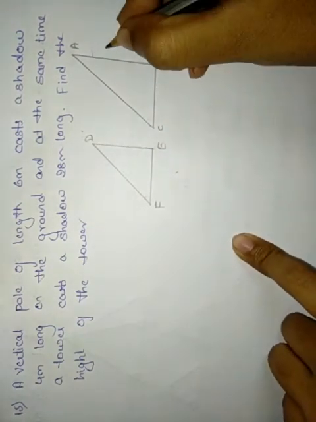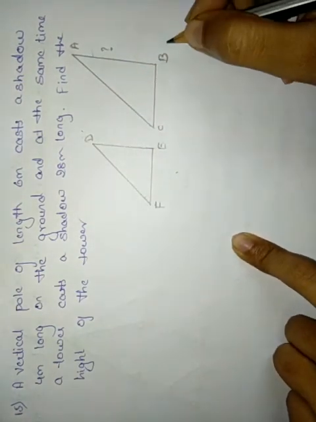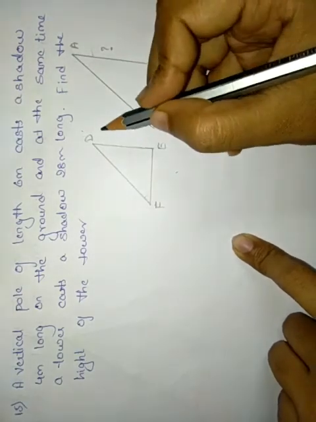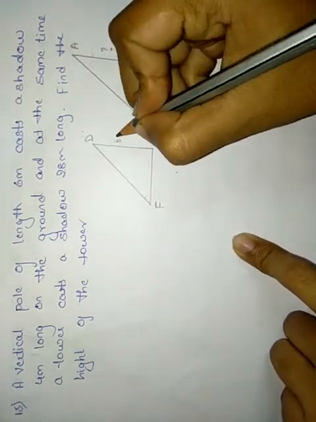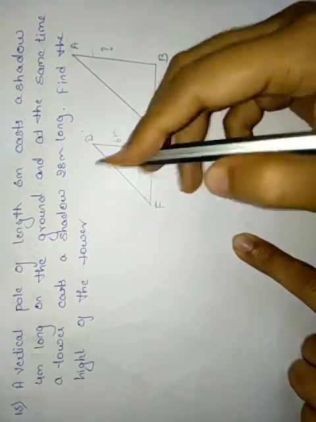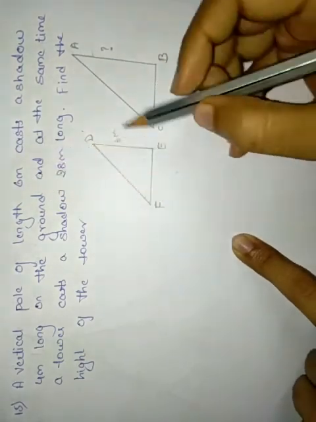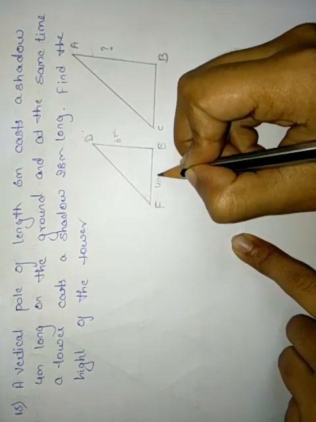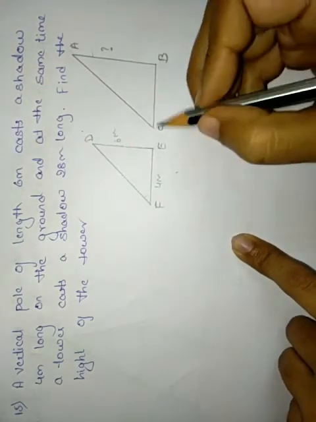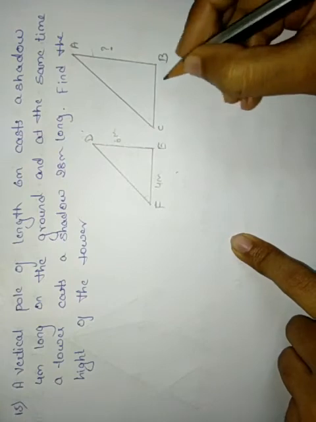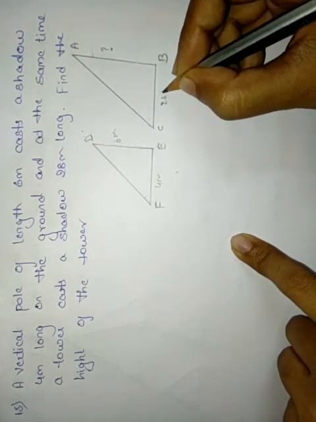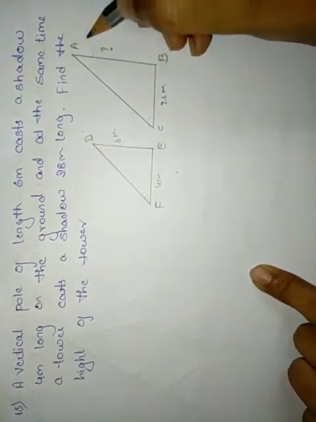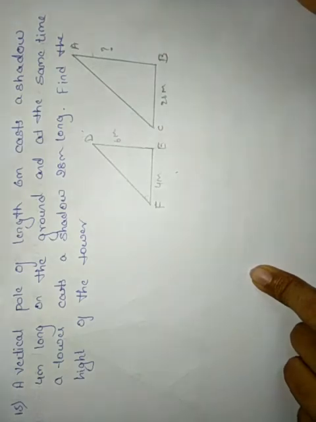We have to find the height of the tower, that is AB, and they have given the height of the pole, that is 6 meter, and the shadow of the 6 meter pole is 4 meter long, and the shadow of the tower is 28 meter long. Now we have to find AB, meaning the height of the tower.